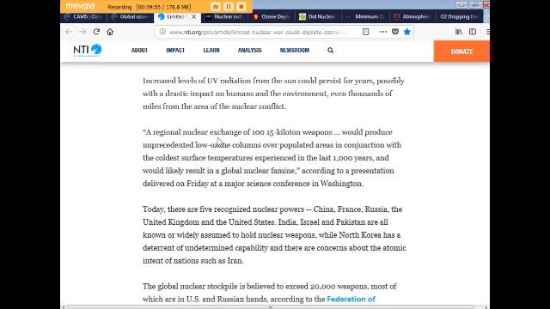A regional nuclear exchange of 100 15-kiloton weapons would produce unprecedented low ozone columns over populated areas in conjunction with the coldest surface temperatures experienced in the last 1,000 years, and would likely result in a global nuclear famine, according to a presentation delivered on Friday at a major science conference in Washington.